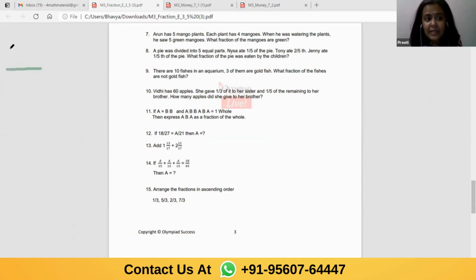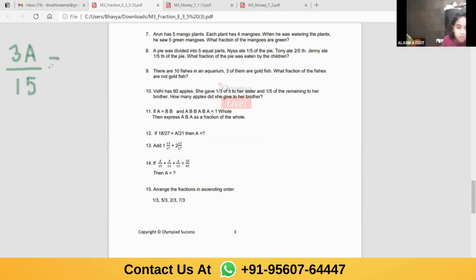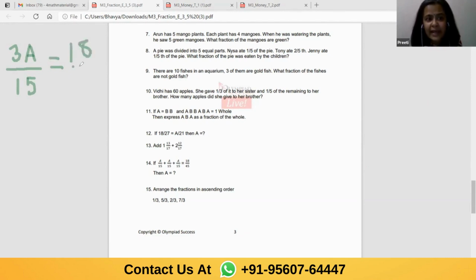So 3 A's, that will become 3A upon 15, because all the fractions are like and they have the same denominator. And on right hand side, I have 18 upon 45. Am I clear? Yes, ma'am.